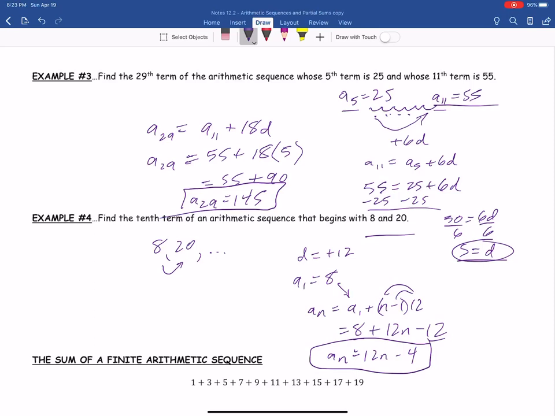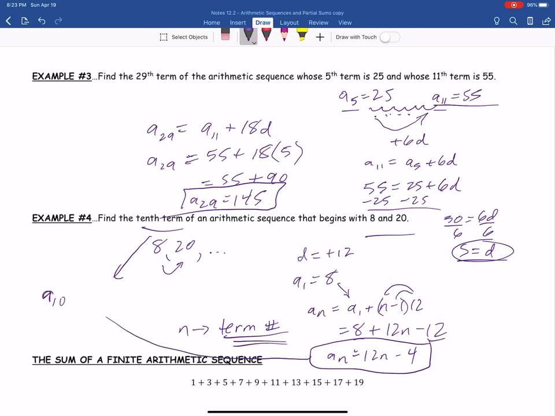And now what's super nice here is we know what n is. n always represents the term number. n has been the term number all week long, or week and a half or 2 weeks, however long we've been doing this. So if we want to find the 10th term, they're asking us to find A sub 10.